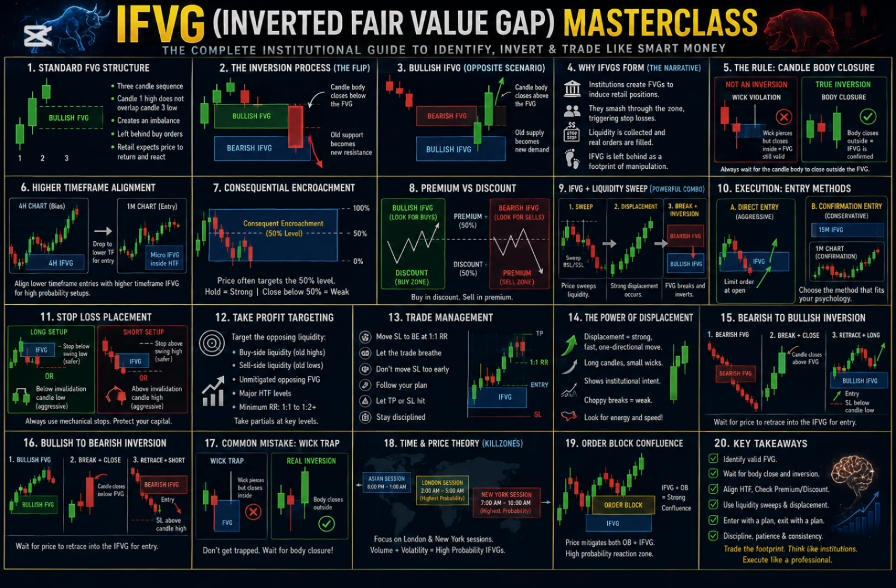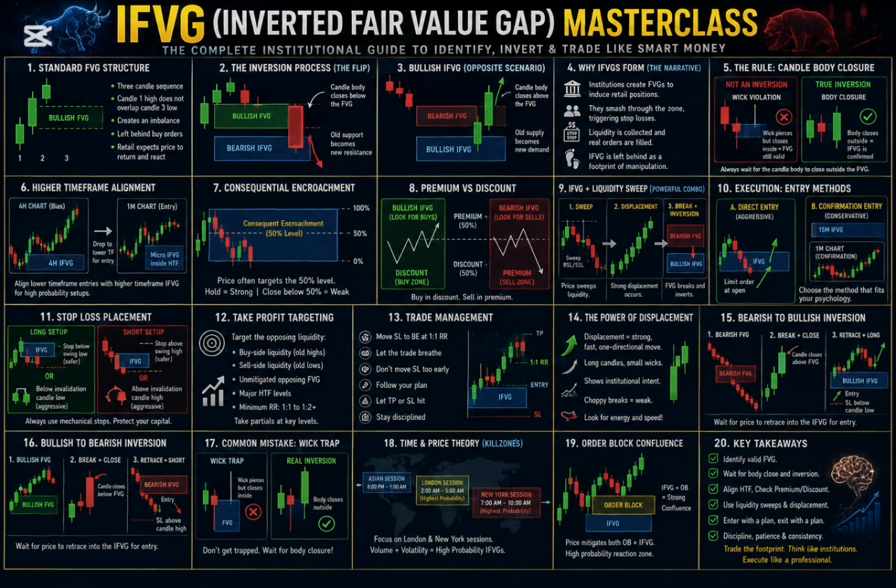For example, if price reaches a 50-minute inverse fair value gap, you drop down to the 1 minute chart. You then wait for a micro market structure shift or another micro inverse fair value gap to form and confirm. This double confirmation method drastically reduces your risk and increases your overall risk to reward ratio.